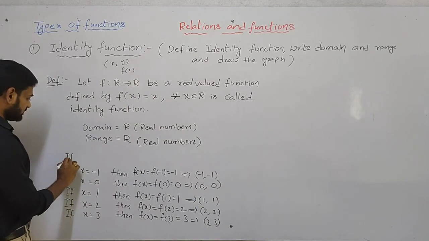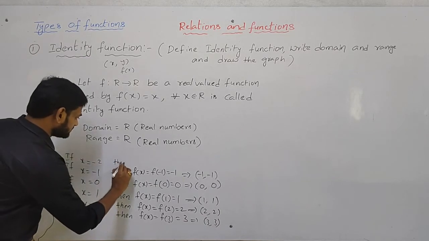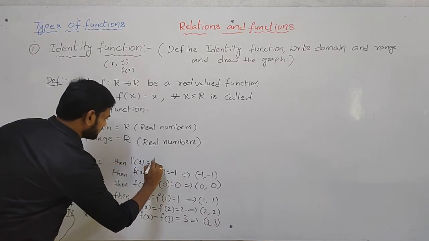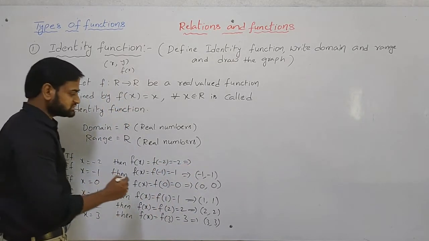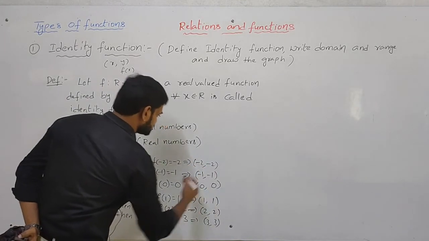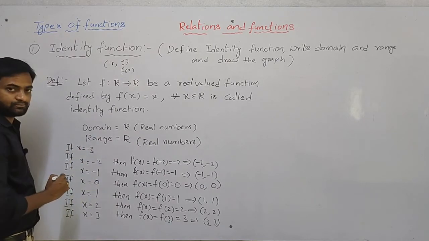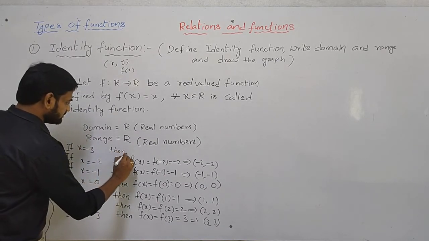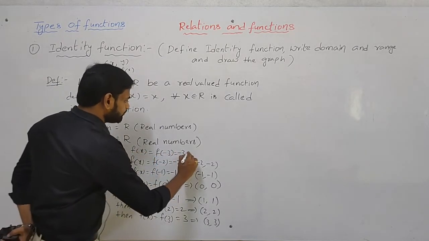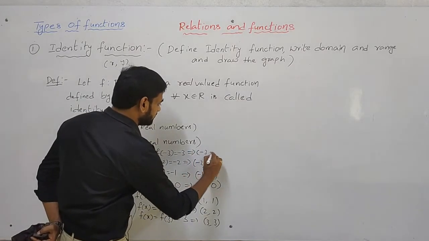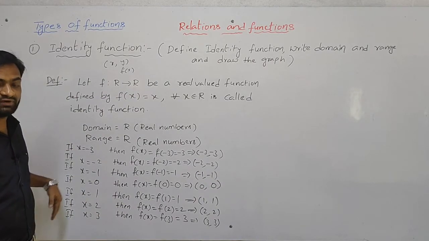Next, if x value is minus 2, then f of minus 2 is minus 2. That implies the point is minus 2 comma minus 2. And finally, if x is minus 3, then f of minus 3 is equal to minus 3. That implies the point is minus 3 comma minus 3. So these are the points I took for the graph.